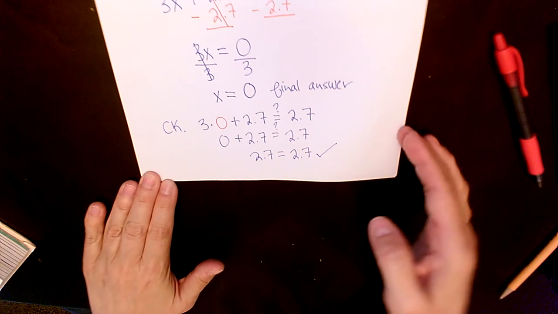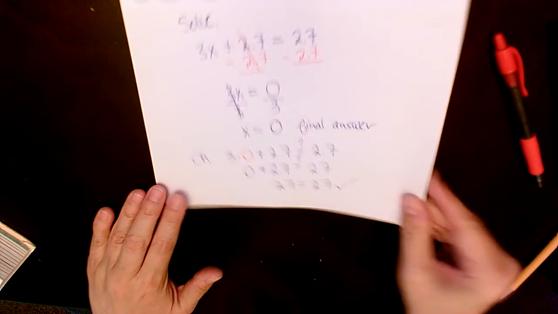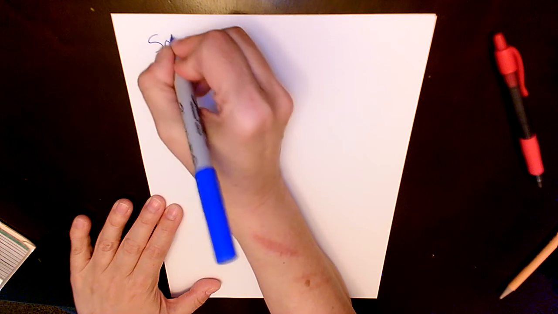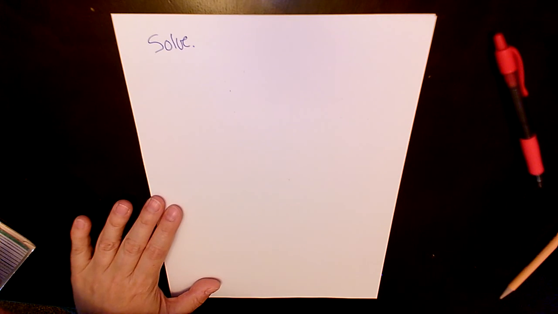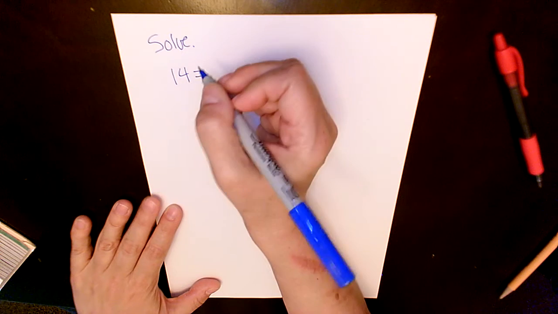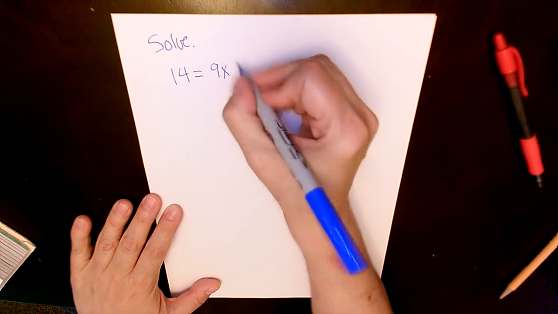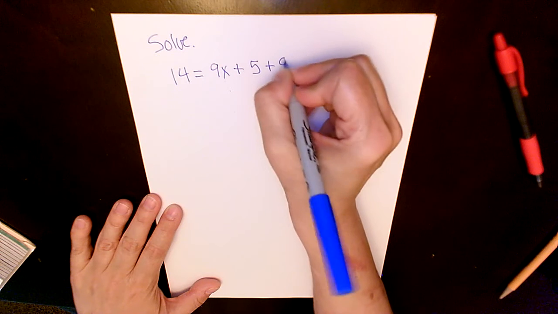Okay, let's try one where we have to combine some like terms. So 14 equals 9x plus 5 plus 8.